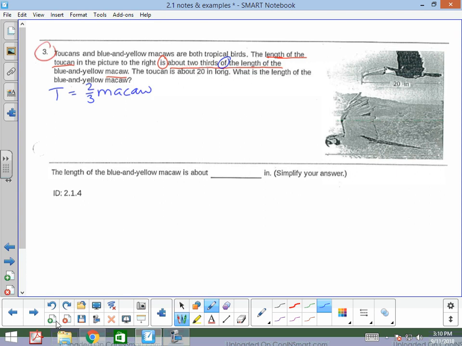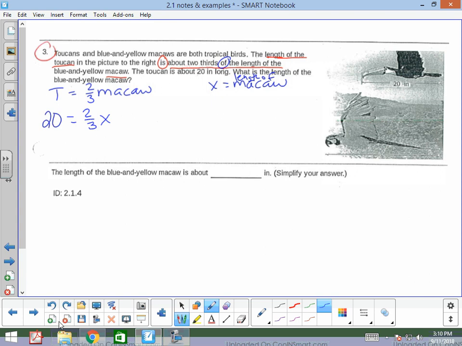The toucan is about 20 inches long, so we're going to put 20 in for toucan. What is the length of the blue and yellow macaw? So let's let x be the length of the macaw. So that would be 2/3 times x.